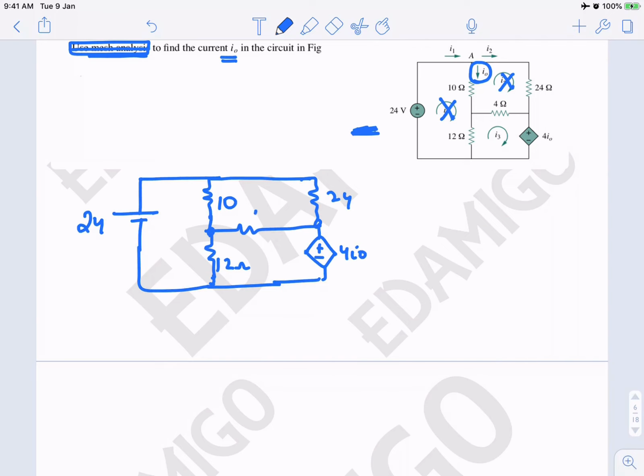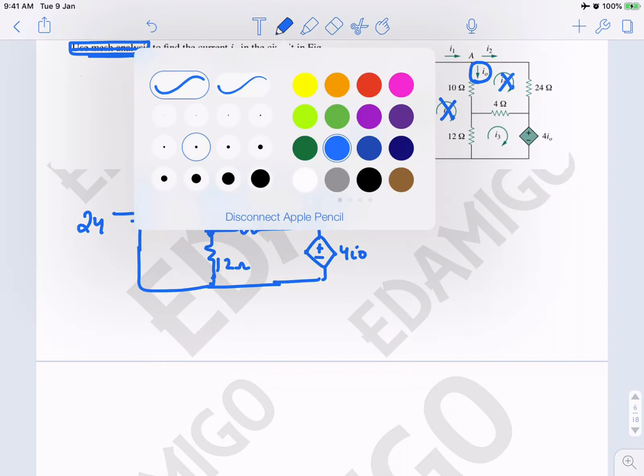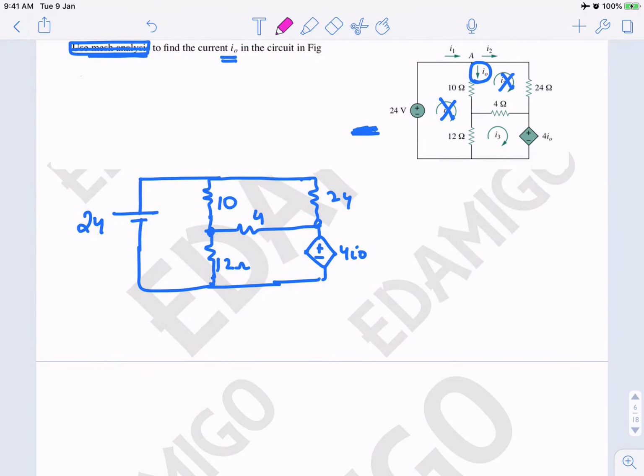I just wanted to keep this question to tell you that it is very beneficial to apply the combination of mesh analysis and nodal analysis for solving the question. So let us see how to solve this question. Let us assume that current capital I is flowing here.